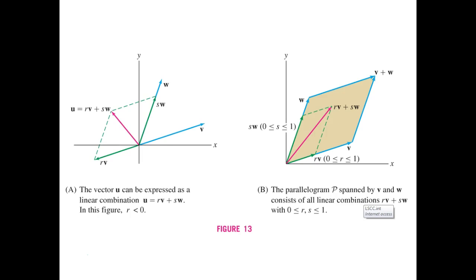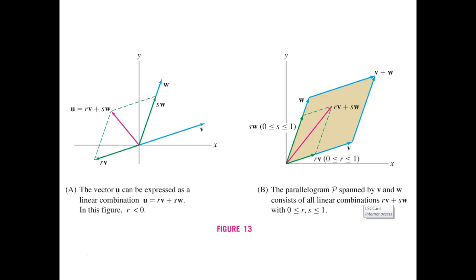Now, if you do this, and this is your V, there's your W, then if R and S were both 0, you're at the 0 vector. It's right there, 0, 0, okay? If R and S were both 1, you would be at V plus W, there would be the limit there.